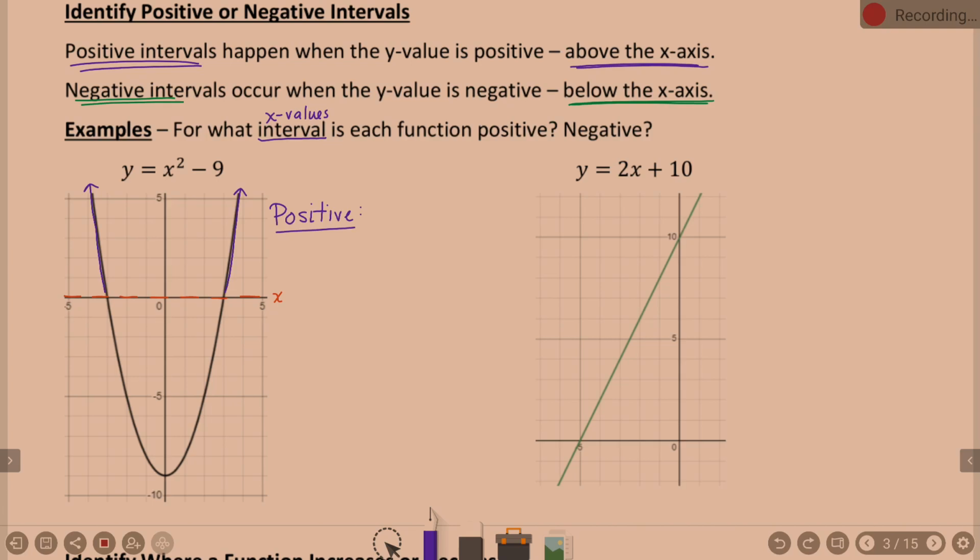Where does my graph start becoming positive? At what x values? At -3 and at +3, yes? So at your x-intercepts, because at my x-intercepts, that's when y is 0. So it's neither positive nor negative.